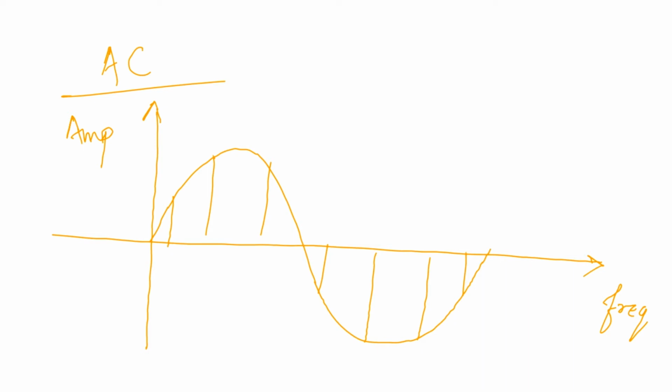What is the average value for this alternating current? Can anyone tell? This signal is divided into different time instances, like for time t1, t2, t3, there are different amplitudes right here. What is the average value?